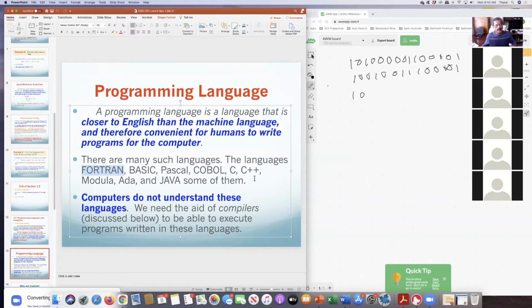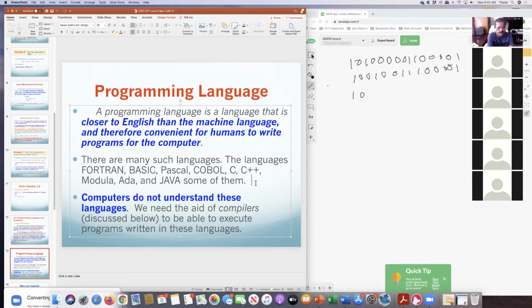Okay, so anyway, these are the languages, and how do they work? None of these languages can be understood by the system. So you write the program in these languages, but they cannot be understood by the computer. So what do we do? This is the idea IBM came up with.